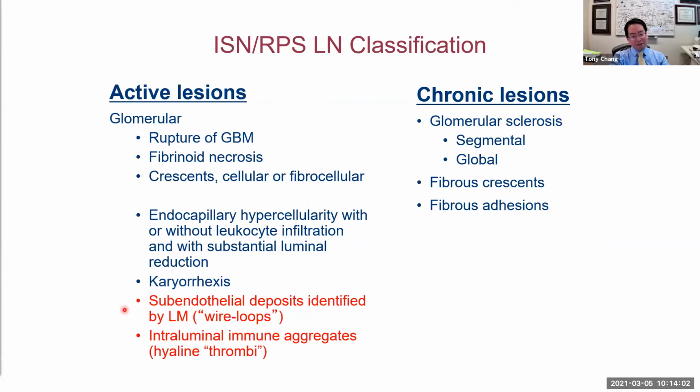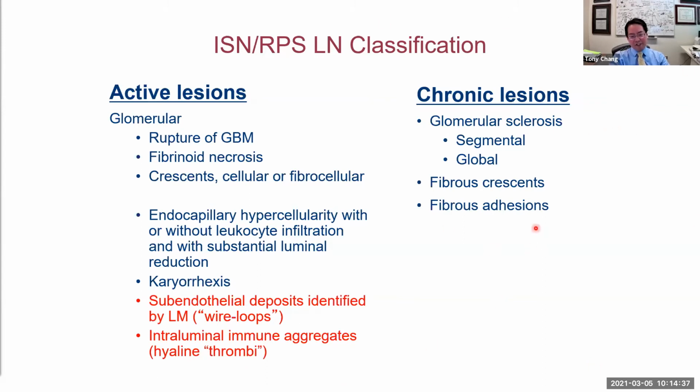And then these last 2 represent prominent immune complex deposition, which starts off in the form of wire loop deposits, which represent prominent accumulation of subendothelial immune complexes. When that becomes really prominent, it can look like it's filling up the entire capillary lumen, and those are known as hyaline thrombi, which is a really terrible term because they're not true thrombi, right? They don't contain platelets or fibrin or anything like that. These are just really large immune complexes.